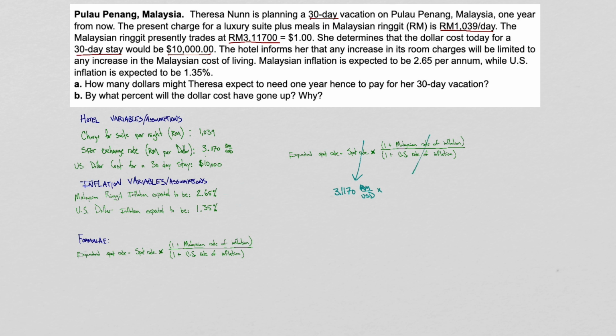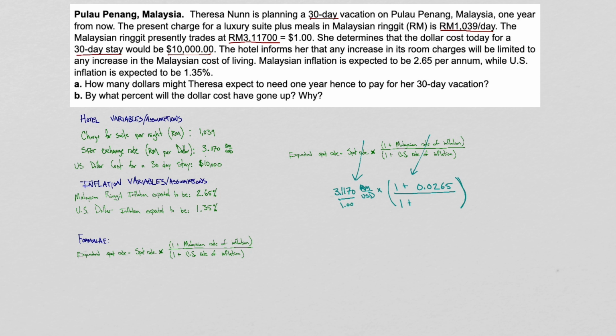And this allows us to get our inflation differential data in. When you use this formula, just be mindful of which one is on top and which one is on bottom. Here we've got the ringgit on top. And so to be consistent, we've also got the Malaysian inflation rate on top on this part of the equation. And then USD is on the bottom of this.